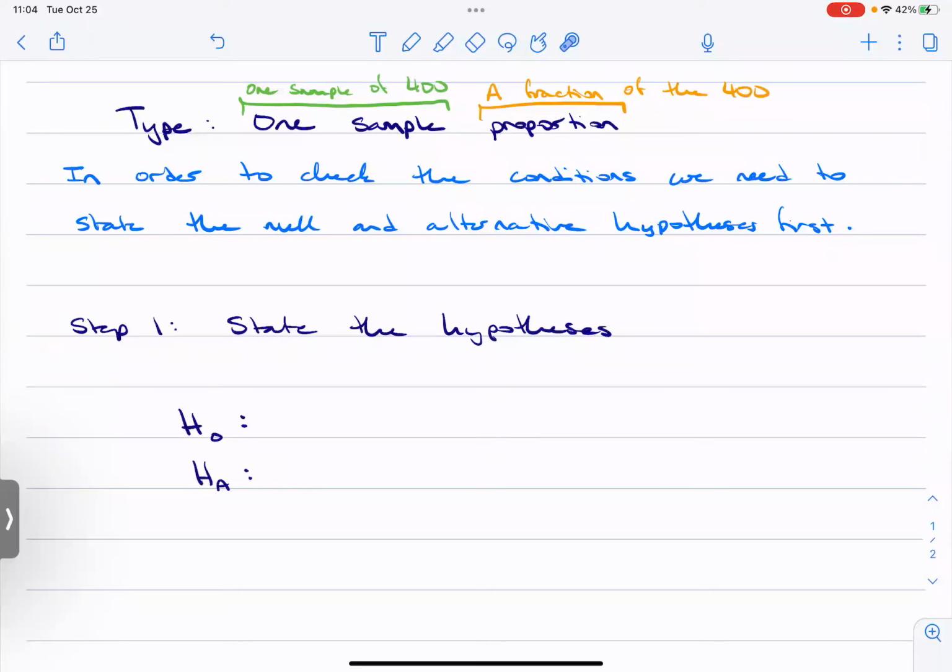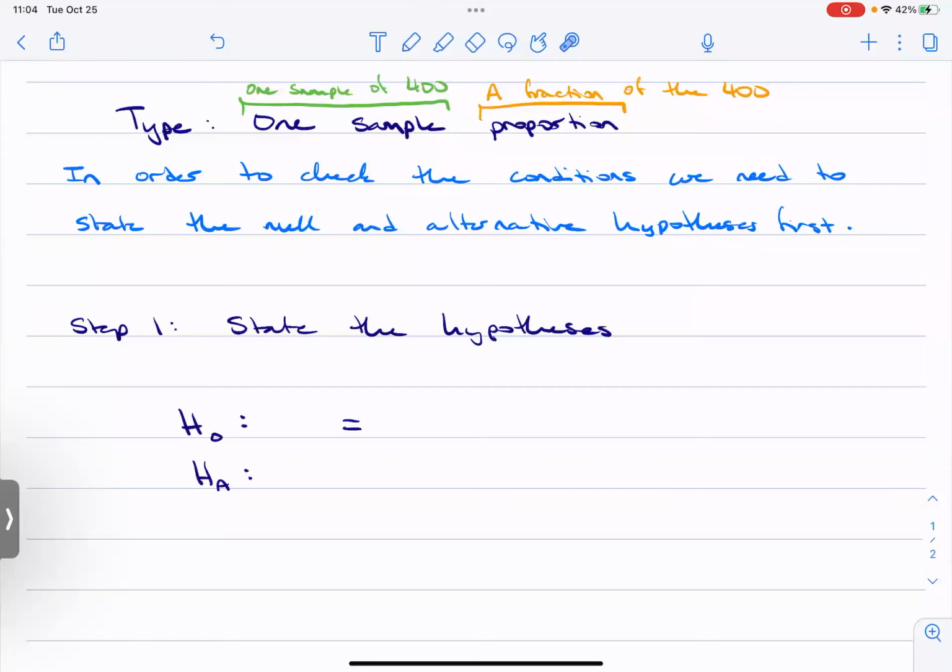In fact, we can even start with putting an equal sign in the null hypothesis, even though we don't know anything about the null hypothesis yet, right? But we did say it'll always have an equal sign. And we can get more sophisticated with that later, but for us, an equal sign is just fine.